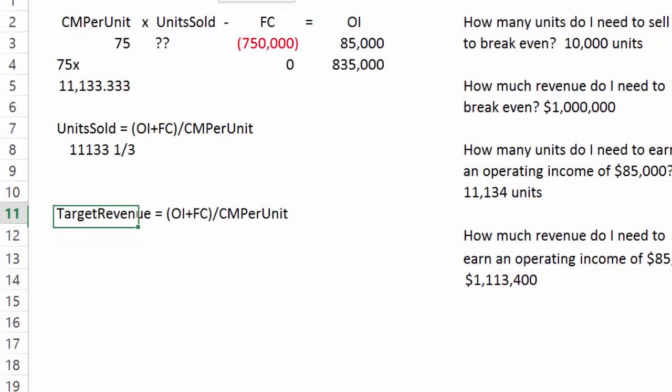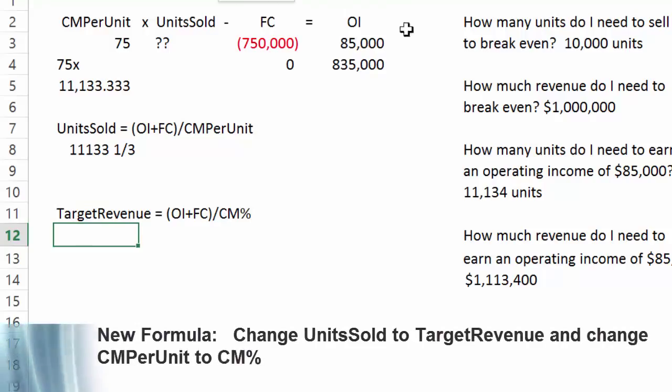And instead of using the contribution margin per unit, we can use the contribution margin ratio. This is going to give us a target revenue. So when we eliminate the unit contribution margin in the denominator, we eliminate the units in the answer as well, and we replace those with target revenue and contribution margin ratio.